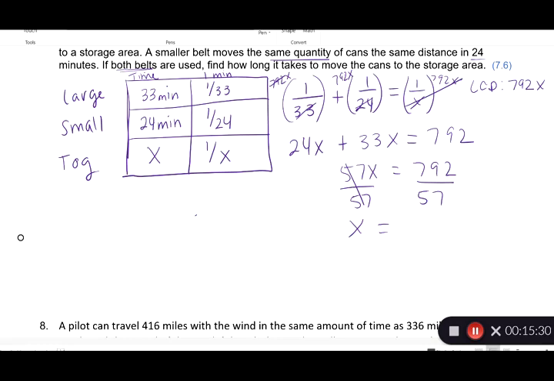So instead, what we need to do is see what they have in common. Are they both divisible by some number, right? And these two happen to both be divisible by 3. So if you do that, you get 264 over 19.